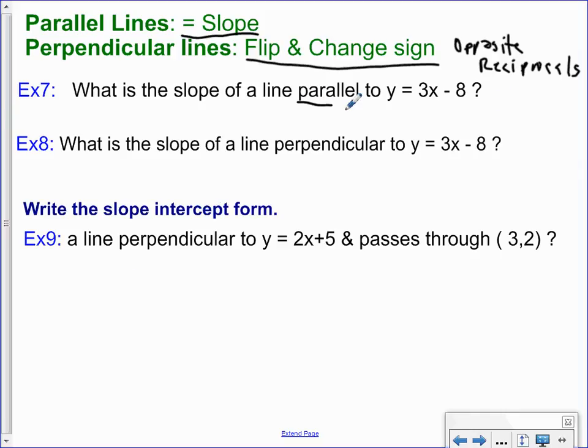For example 7, if it's parallel to this line, what is the slope? It's 3. Example 8, if it's perpendicular to this line, we know the slope is 3 over 1, right? So flip it to 1/3, but change the sign: -1/3.